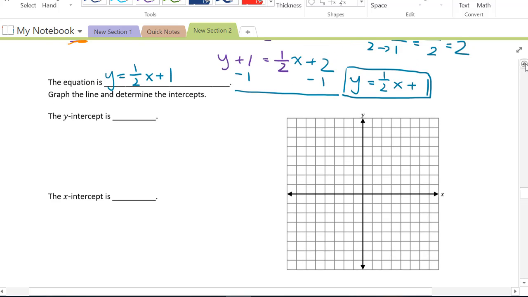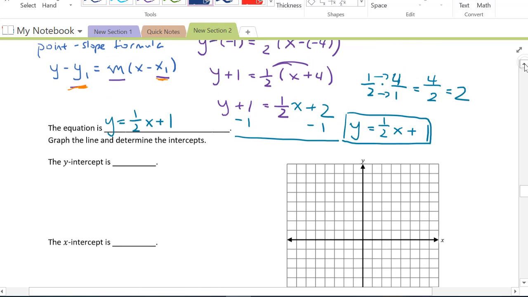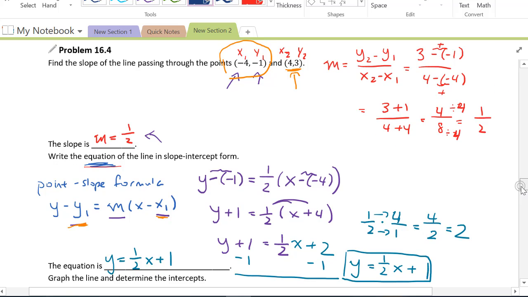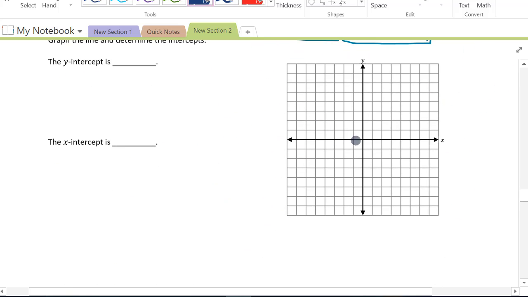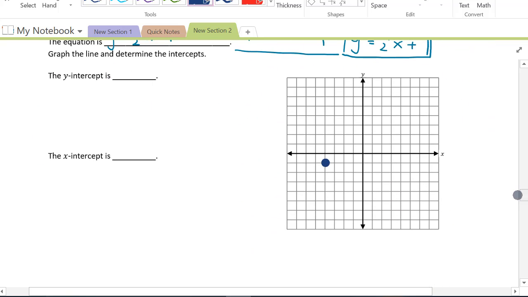Also, they want us to plot the points, right? Graph the points. So our first point was -4, -1, right? So -4, 1, 2, 3, 4, -4, -1. I'm down here. That's -4, -1. The other point was 4, 3. So 1, 2, 3, 1, 2, 3, 4, and then 1, 2, 3. So here's 4, 3.